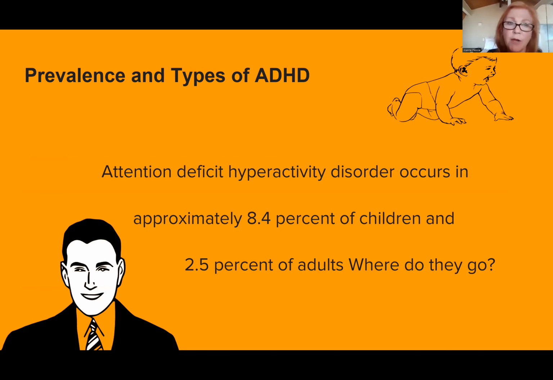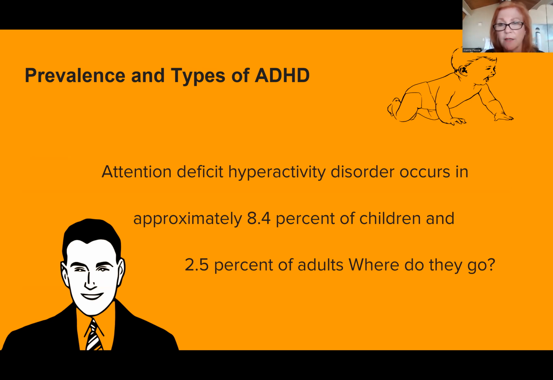Okay, so the prevalence and types of ADHD. Attention deficit hyperactive disorder occurs in approximately 8.4% of children. So if you think about that and just kind of rounding up, it could be anywhere from 10% of the kids that go to school. So if a teacher had a class of, say, 30 students, which is a large class, 3 of them could be expected to have ADHD.